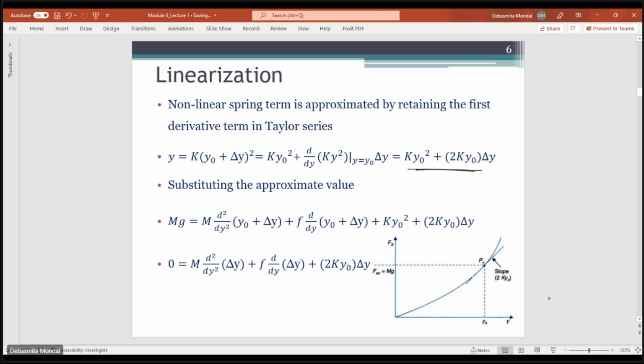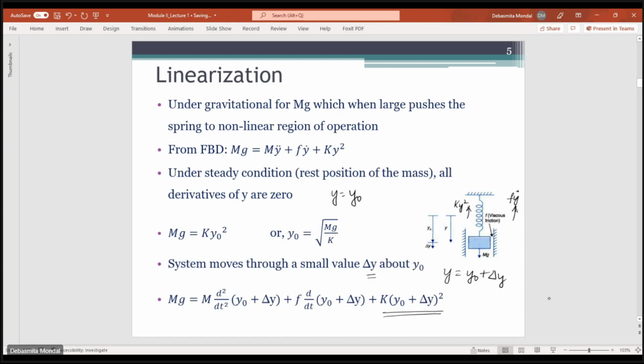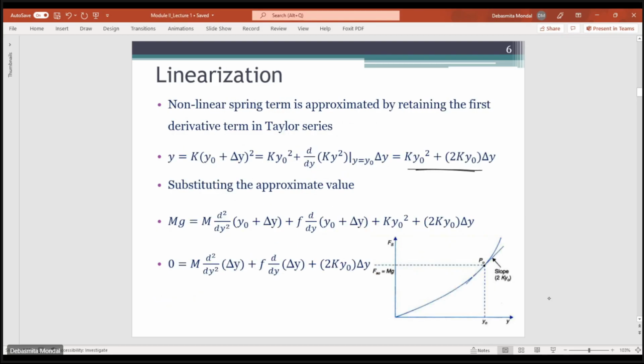Okay, so from this expression, obviously, first of all, the derivatives of y0 become equal to 0. So this term goes to 0. Now you're left with m d2(delta y)/dt2, and there is mg on the left hand side and k y0 square on the right hand side. In the previous slide, you have seen that at the steady state condition, the value of mg is equal to k y0 square.